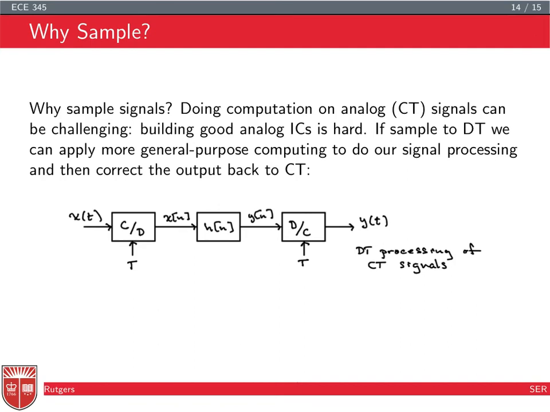Typically for band-limited signals, we go from continuous to discrete by sampling, and then we process the sampled signals. Say it goes through a filter, we get the discrete output y of n, and then I can go back to continuous by using the recovery method that I talked about, the sampling theorem.